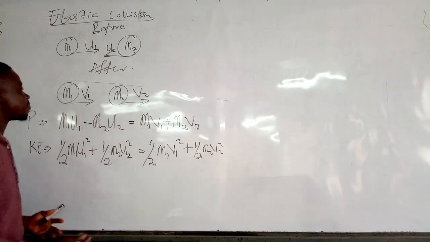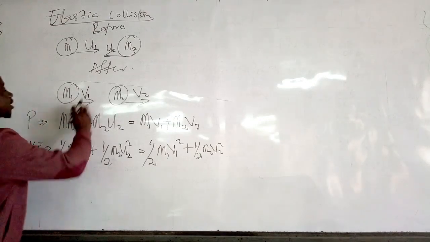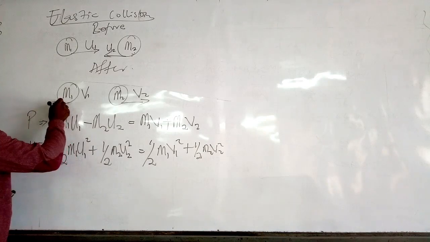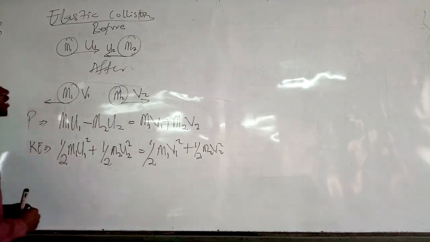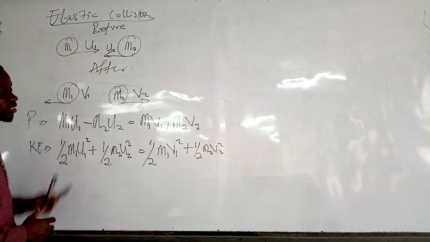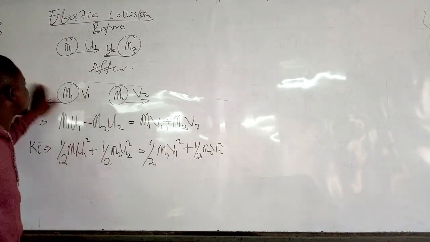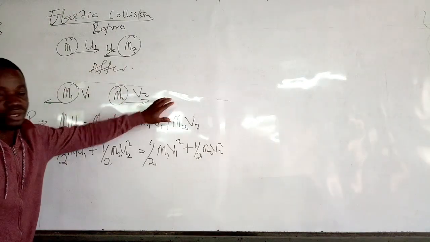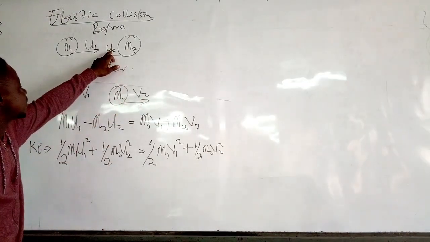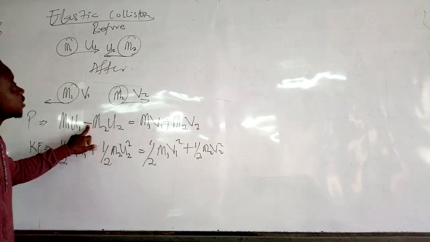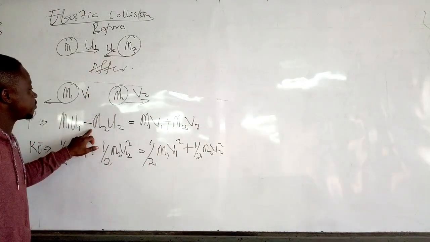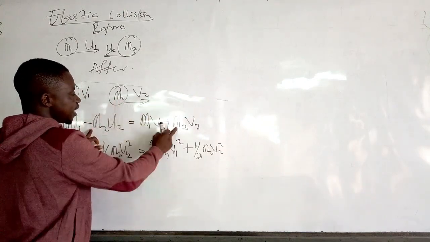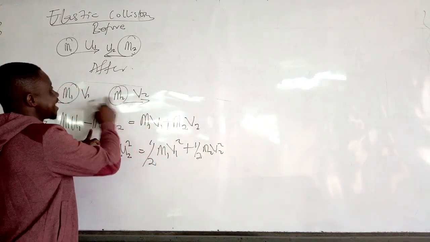Good. So this one becomes negative. If after impact, V1 decided to move opposite to its original direction, whilst this one also moves opposite to its original direction. Remember that this one has already been made negative, because it is moving here. So when the M2 begins to move here, it will become positive because the direction has changed.